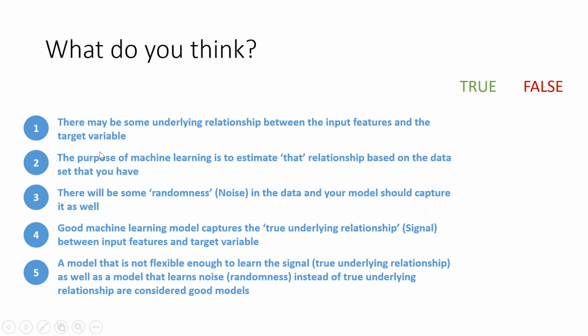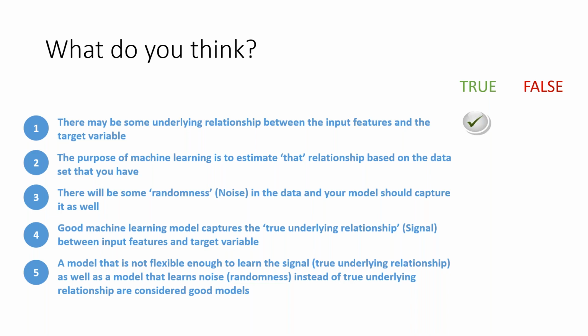The first one says that there may be some underlying relationship between the input features and target variable. True or false? True. In any data, at least some features will have some relationship with the target variable, and that is what we really want to understand.